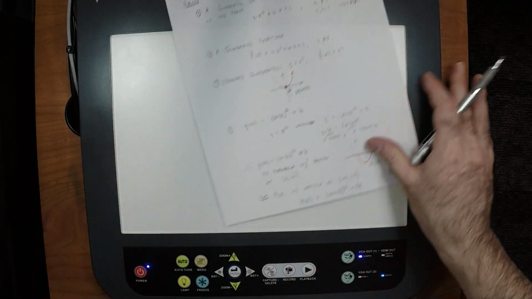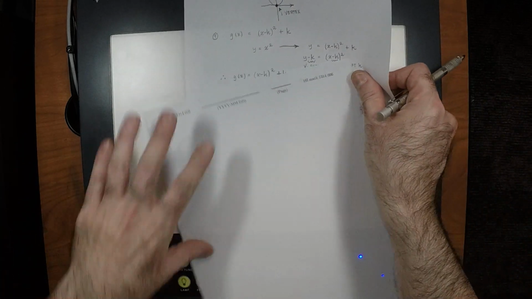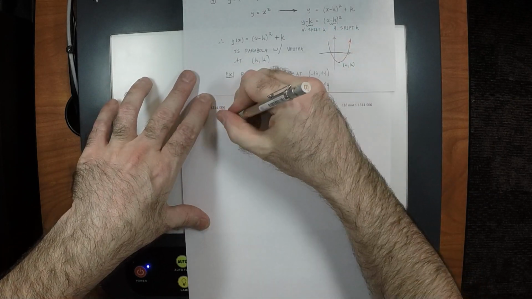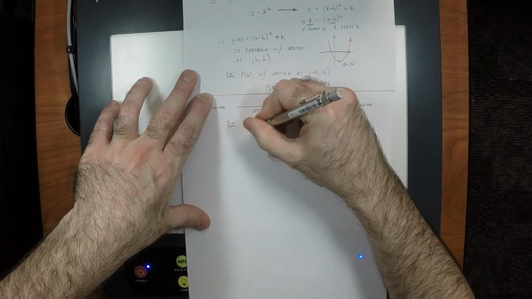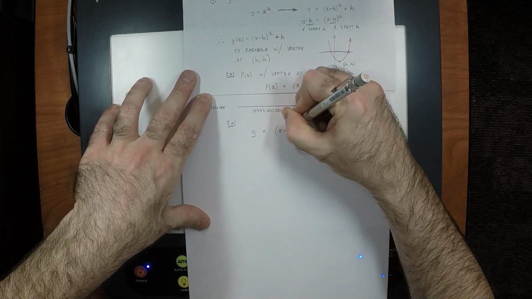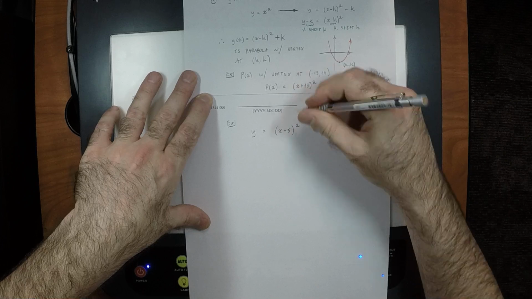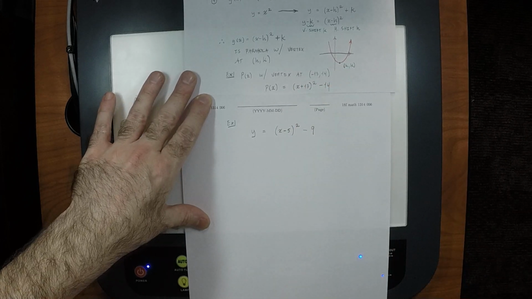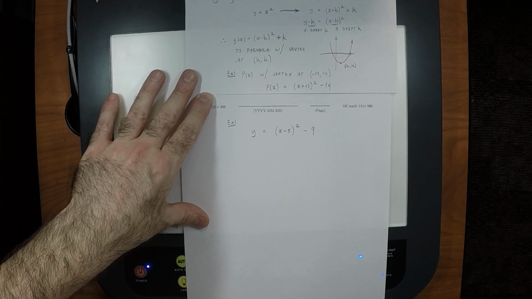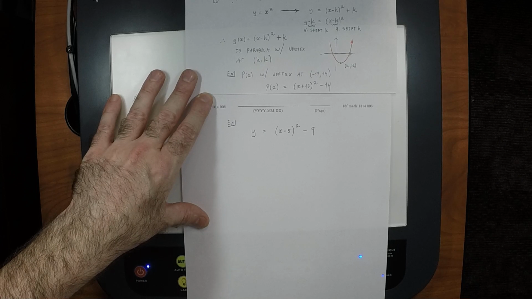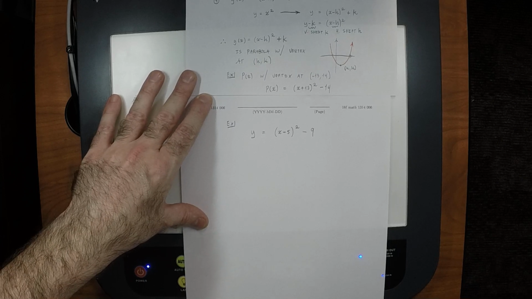So to give you a different example, if I say y is equal to x minus 5 squared, and then subtract 9, so there's a thing there. So where's the vertex of that parabola? 5, negative 9.